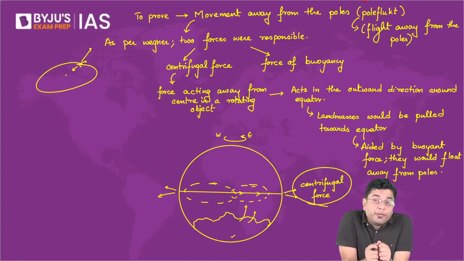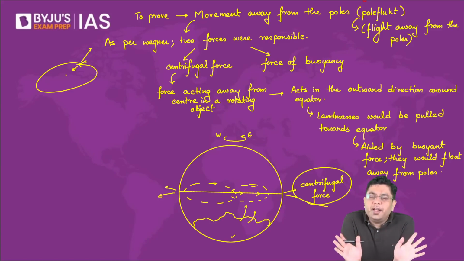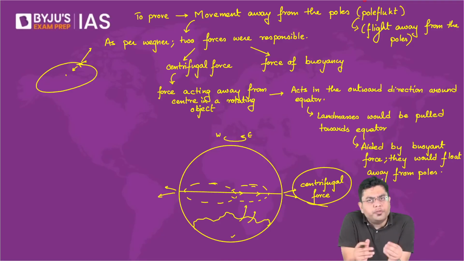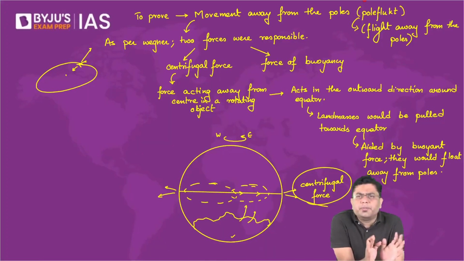Now, F.B. Taylor was asked that, look, you also supported this theory. You had also talked about that drift, and that means you would also be supporting Wagner. F.B. Taylor said that, look, I did not say these theories. I only told about the possibility that the continents could move. But this person is mad. The reason and the assumptions that he has cited is mad.